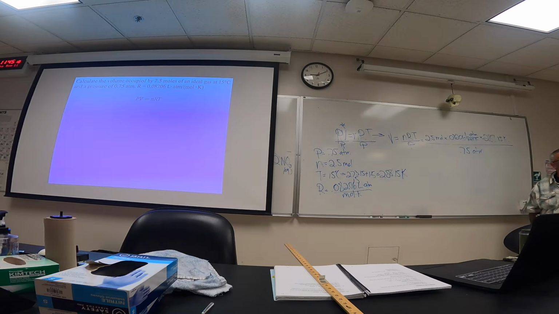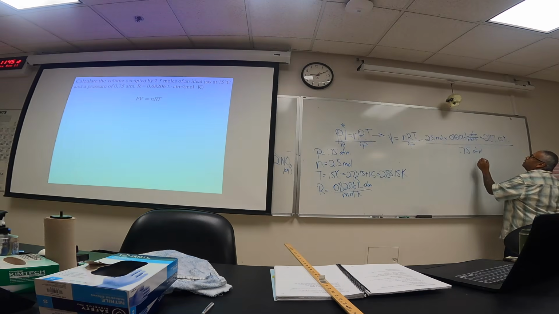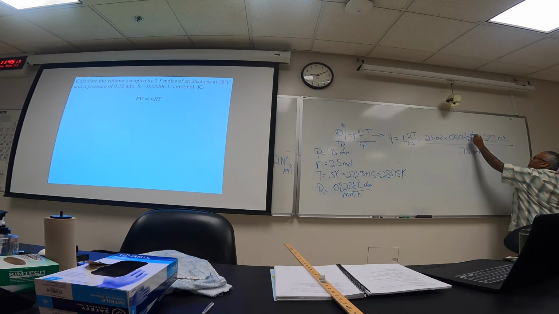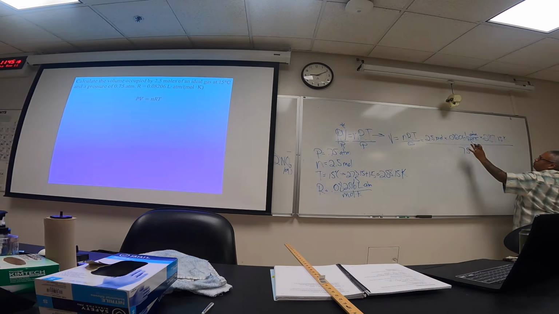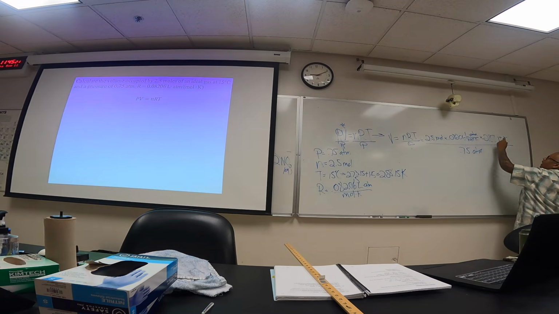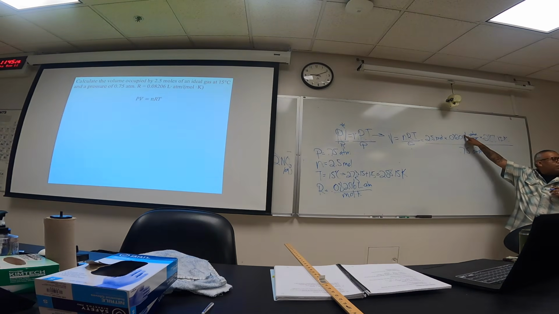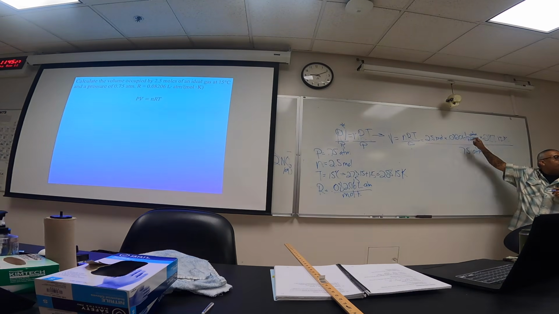It might look a little scary, but we're going to cancel some units out right now. Moles cancels moles. Atmospheres cancels atmospheres. Kelvin cancels Kelvin. The only one that's left is liters, and that's definitely a unit of volume.